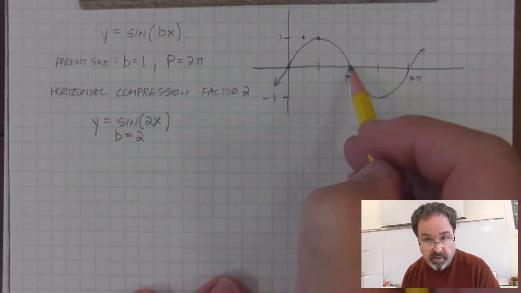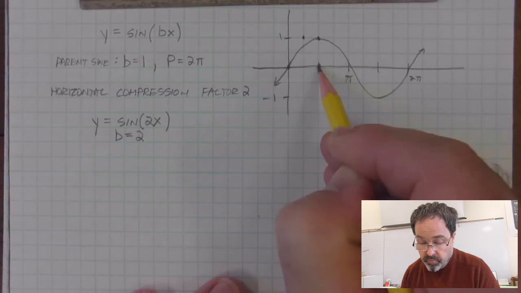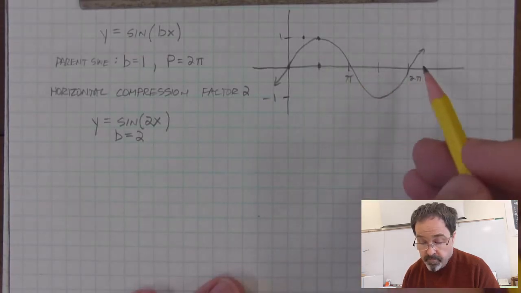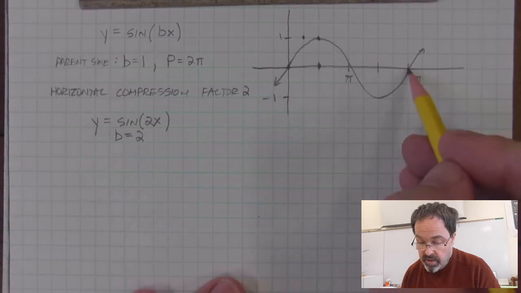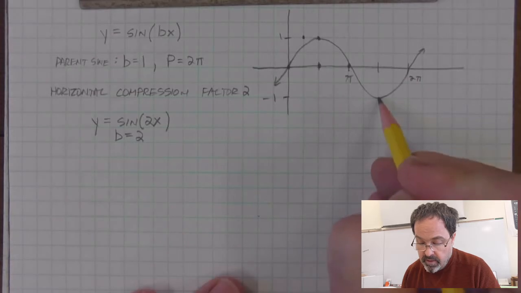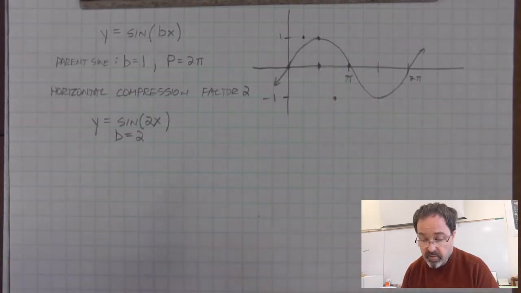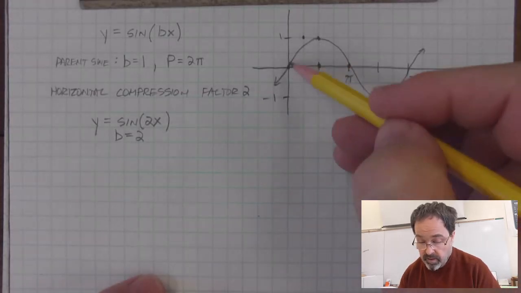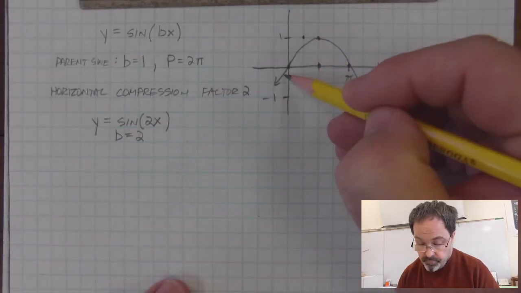This intercept at pi is going to move to pi over 2, half the distance. The place of 2 pi, which is the period of the wave, is also going to be located at pi. This minimum, half the distance, is here. So the entire wave is going to shrink, and these points each represent a horizontal distance that has been halved or compressed by a factor of 2.